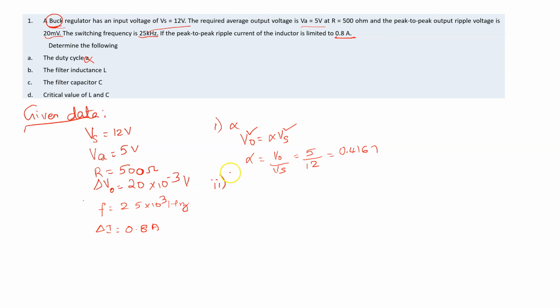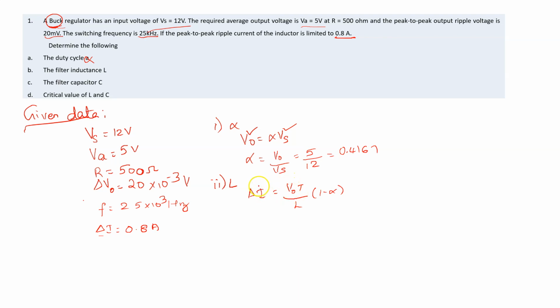Next, what we have to find is the filter inductance L. With respect to this L, what all formulas do we know? With respect to the given data, we know a formula. Here delta I, the peak to peak ripple current of the inductor, formula we know is del I equals V naught T divided by L into 1 minus alpha.